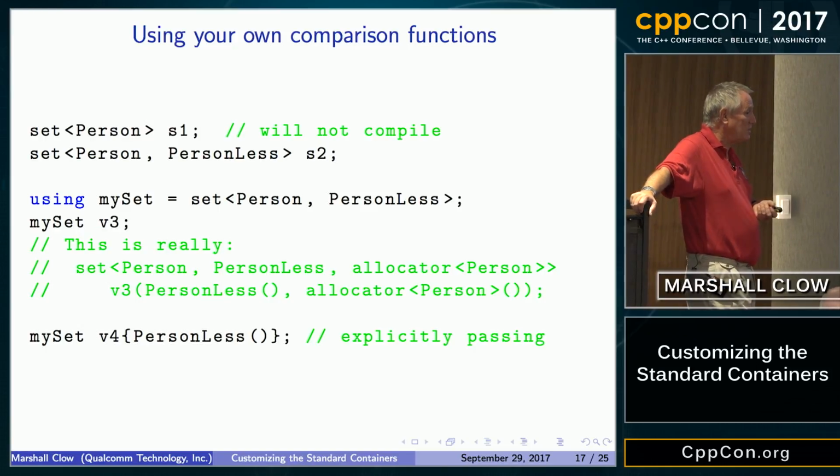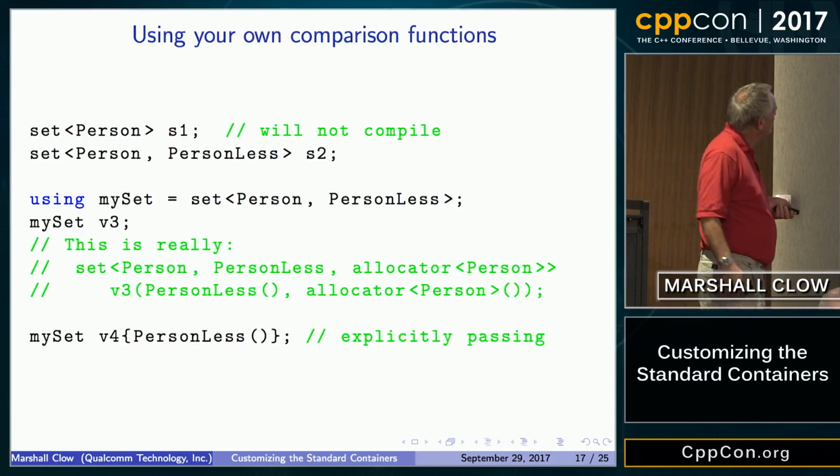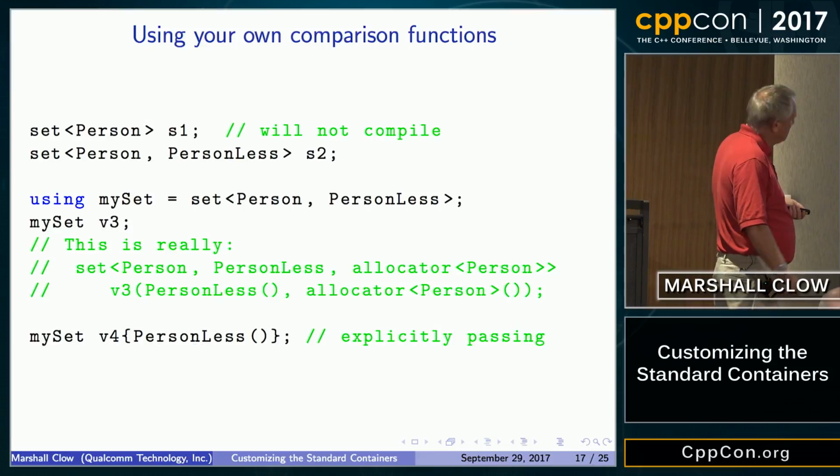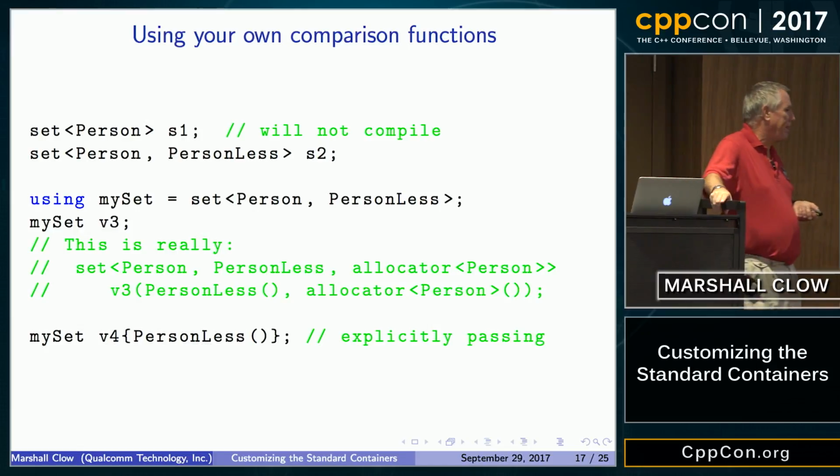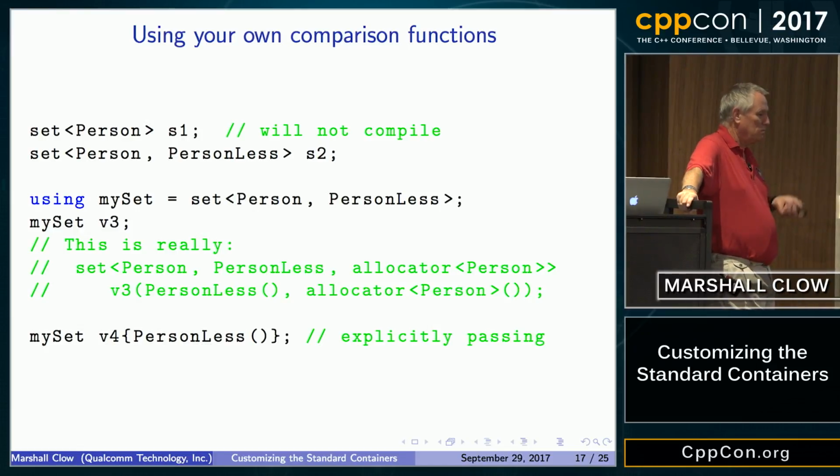Yes, do you have a question? Yeah, I was just wondering, if you put the new allocator, you'd have a memory leak if you put it in front of PersonLess on the MySet, right? Or am I incorrect? If you put new before the new Person class, that would create an object on the heap that would be a memory leak.